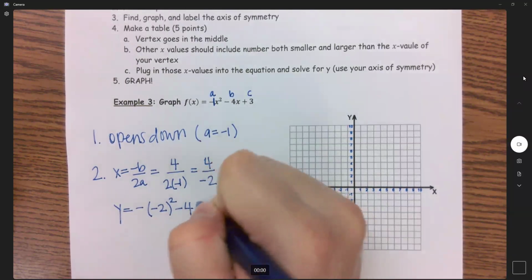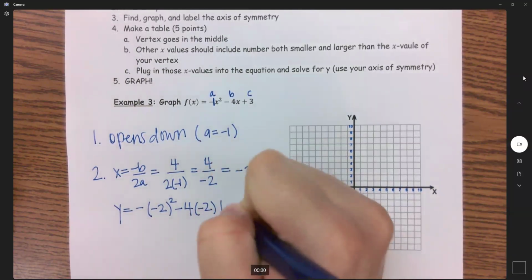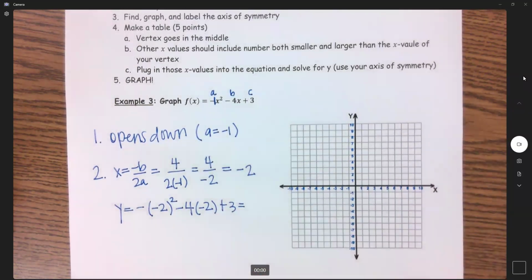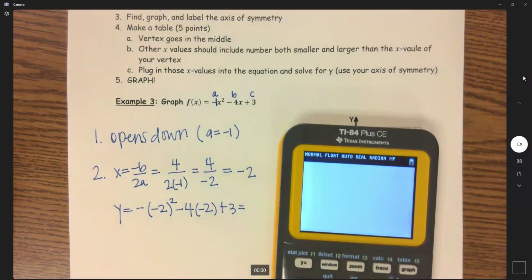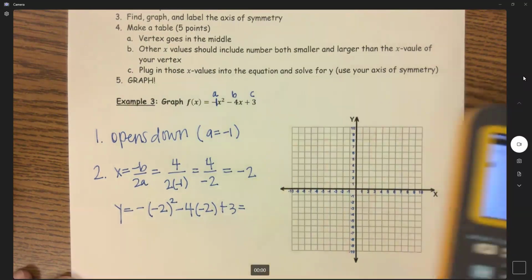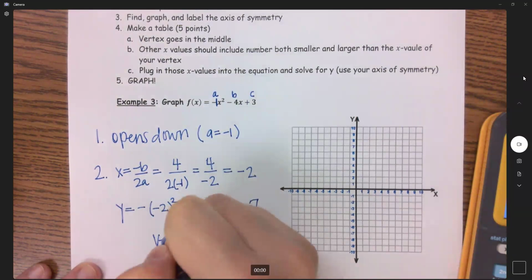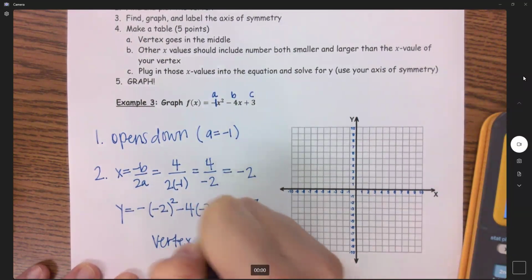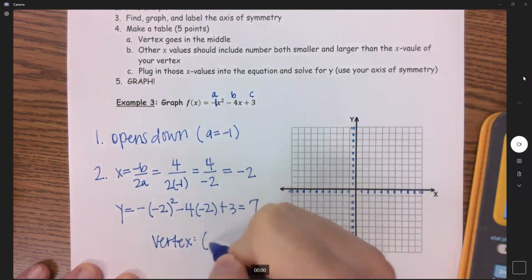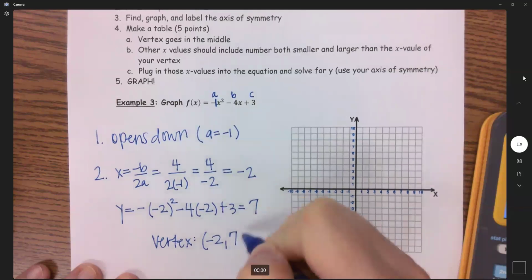And then -4 times -2 plus 3. So let's see what we get here. And we get 7. So my vertex is at the ordered pair of -2, 7.